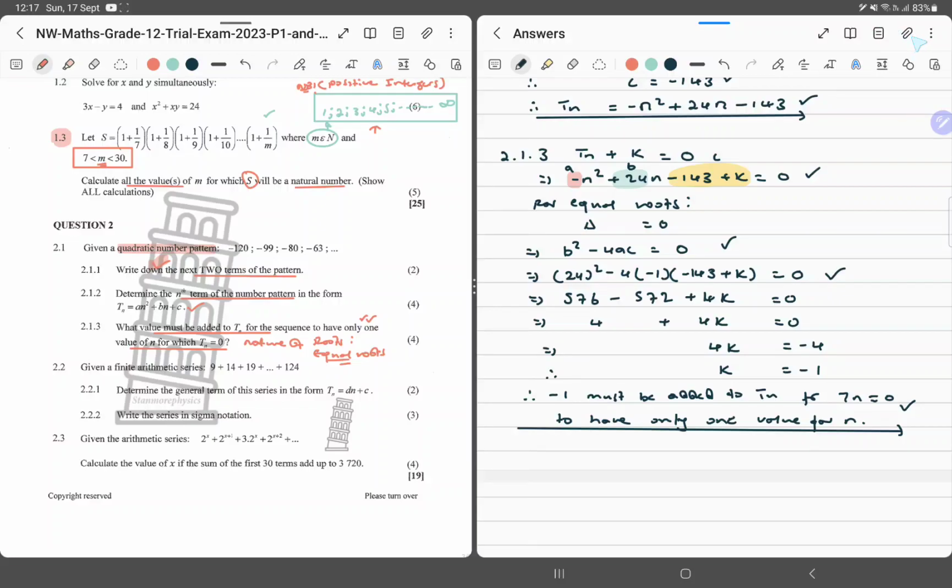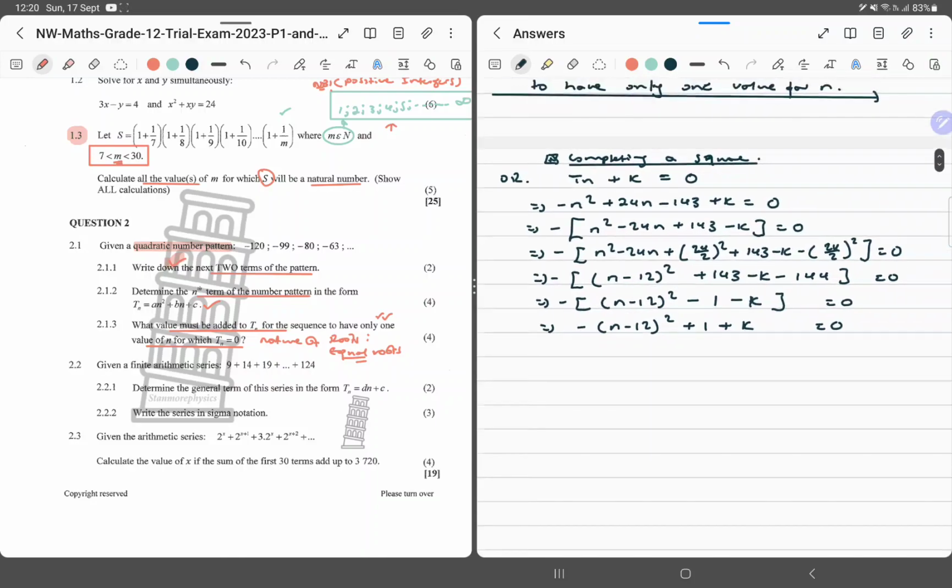I'll show you next. Okay, guys, the other way you can solve this is by completing the square on this expression. As you can see the pattern, this is how you complete a square. If you follow this nicely, you'll realize that since this is already a perfect square, there will only be one solution for n. It implies that 1 plus k must be equal to 0.